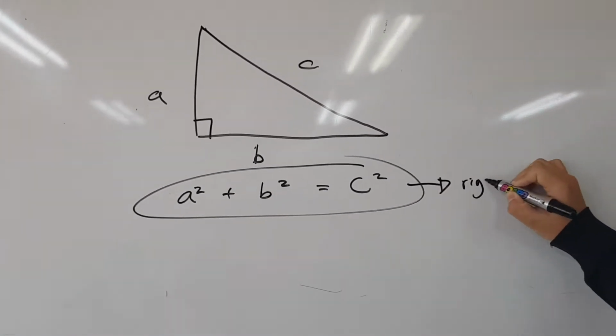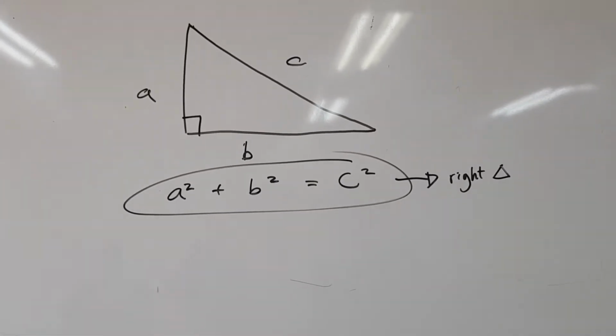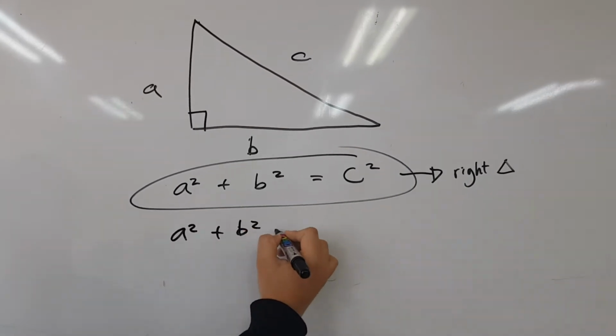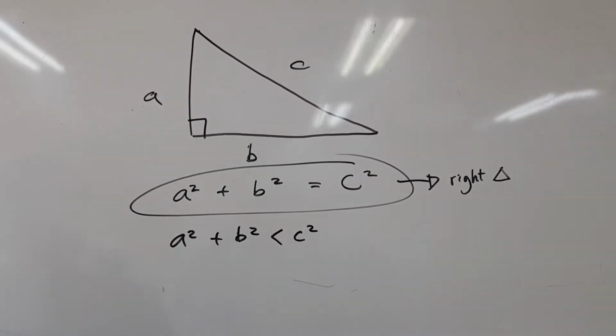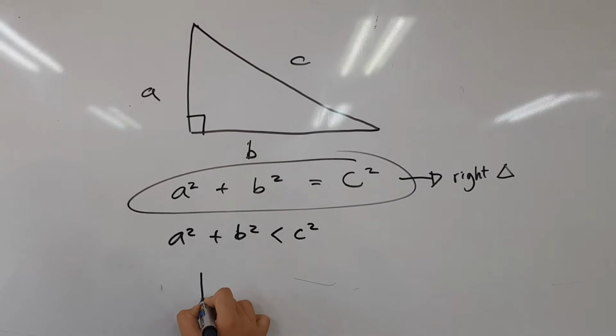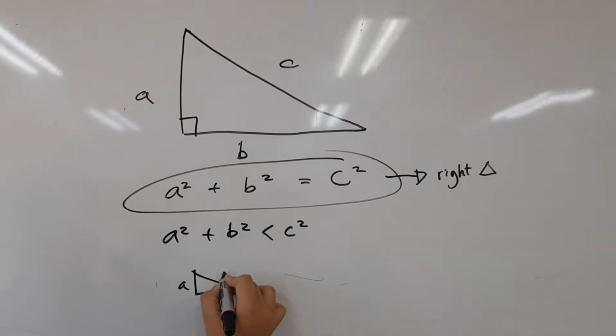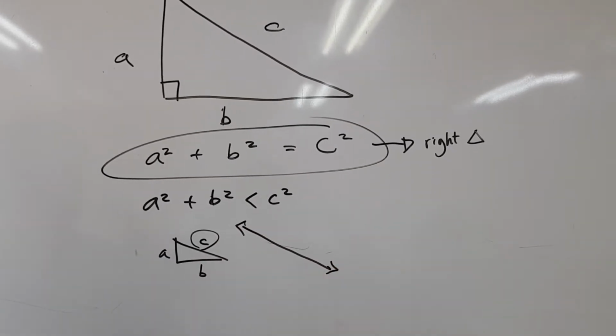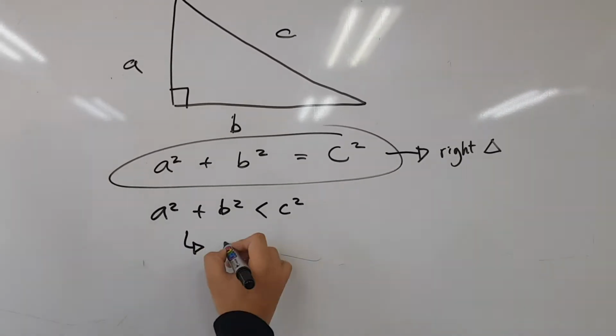Because of this, once used in a variation, we can know that whenever c squared is larger than b squared plus a squared, the hypotenuse c is longer than that of when the triangle is a right triangle, making the angle larger than 90 degrees and consequently making it an obtuse triangle.